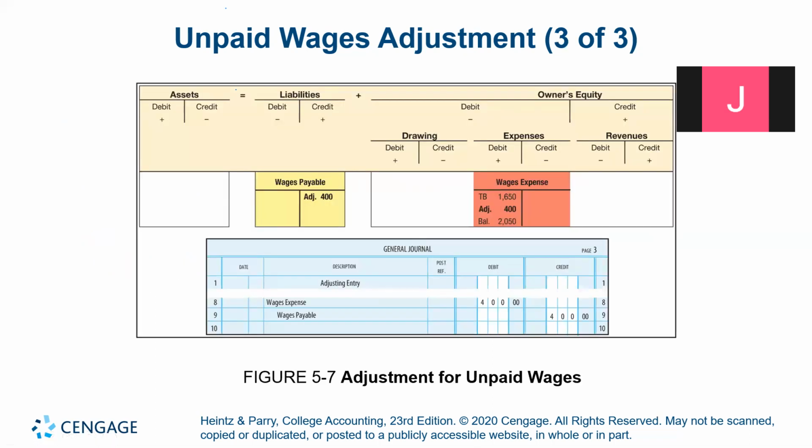Unpaid wages. So let's take a peek here. Wages expense. Remember, they told us they had 1,650 earlier. That is simply the amount of payroll they've already paid and recorded. We just have to get that last bit of the month on there, $400. So we debit wages expense and we credit wages payable.